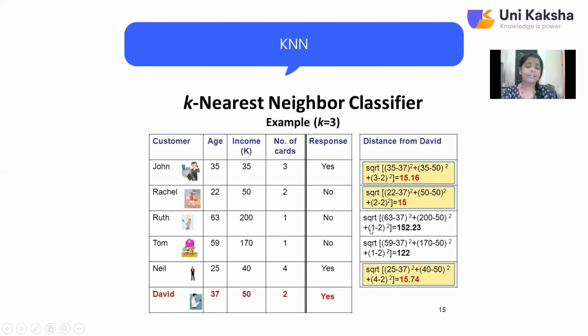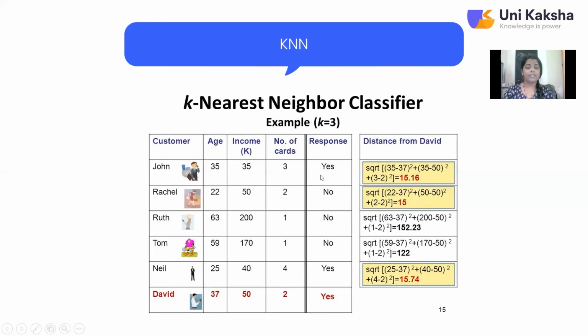Once you get all these distances, you will try to find the least distance among all of them. Suppose the value of k you are considering is 1, then you are interested in only one nearest example. The nearest example you can see is 15, with respect to Rachel, which says the class should be no. So here the prediction will be no. If you consider the value of k as 2, then you'll find the two nearest distances, that is John and Rachel.